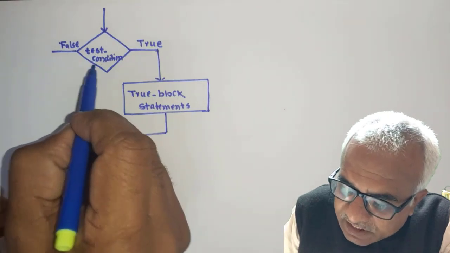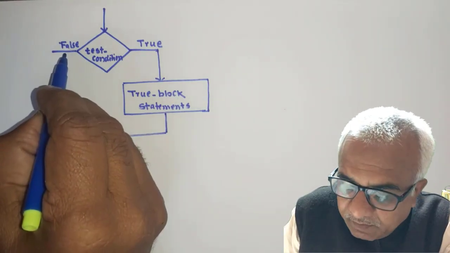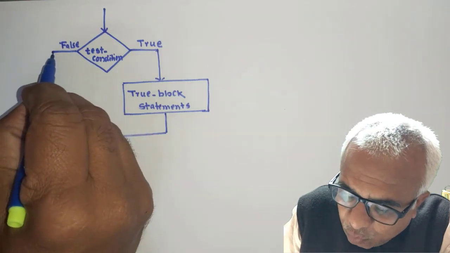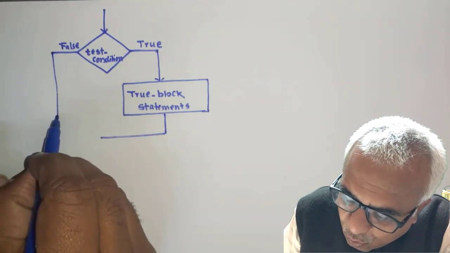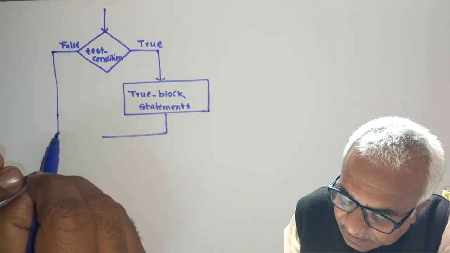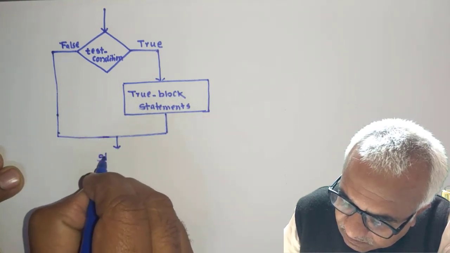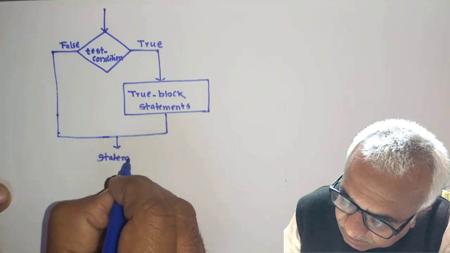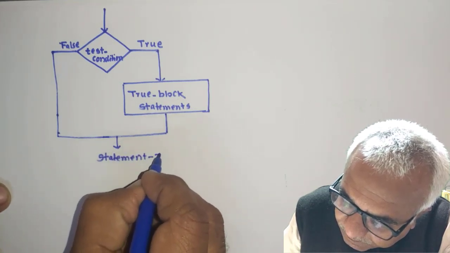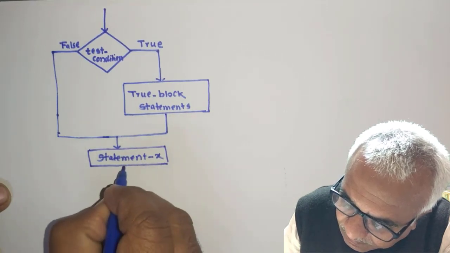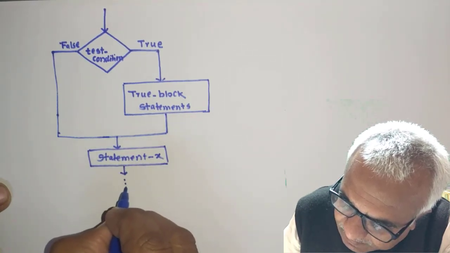But if this test condition is false, do nothing and directly go to statement X. Like this. This is statement X. And then the next statements are there.